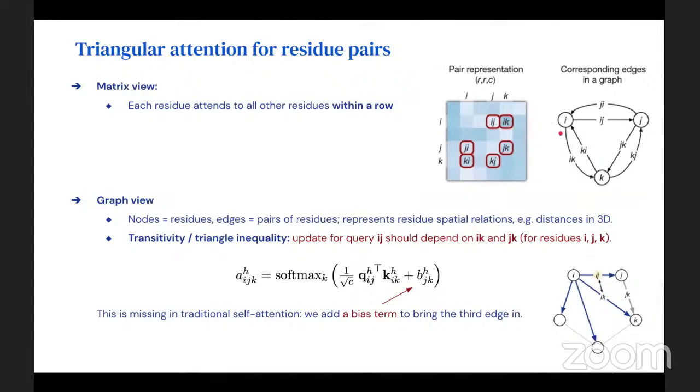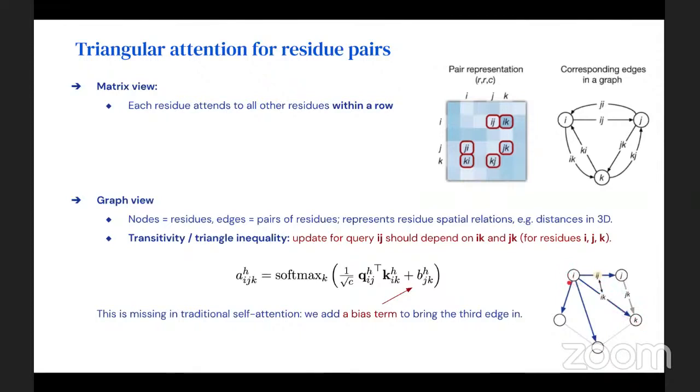Now, one of the most interesting properties of the 3D space is the fact that we have triangle inequality. And we also have transitivity. So we would like to represent that within our neural network. But if we think about this, this probably means that if we want to encode something about a triplet, let's say we want to encode the fact that the distance of ij plus the distance of jk should be greater than the distance ik, right?